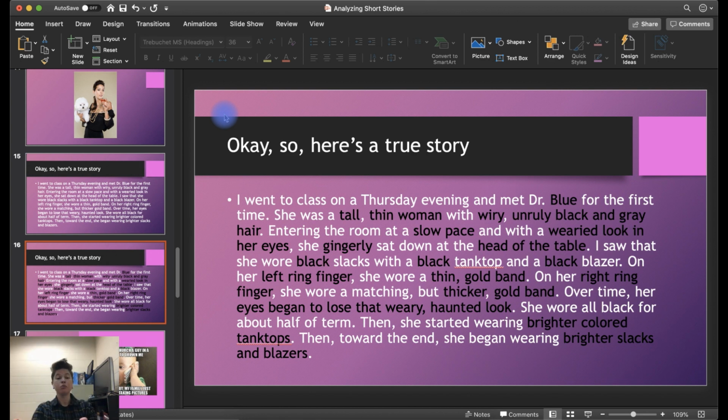So from this short paragraph, we can gather that she's maybe lost some weight because of grief. She's lost a partner. We can see that she is working through her grief, and that by the end of term, she's feeling more like an individual, more like she can go forward with her life rather than stay with that grief that she holds.